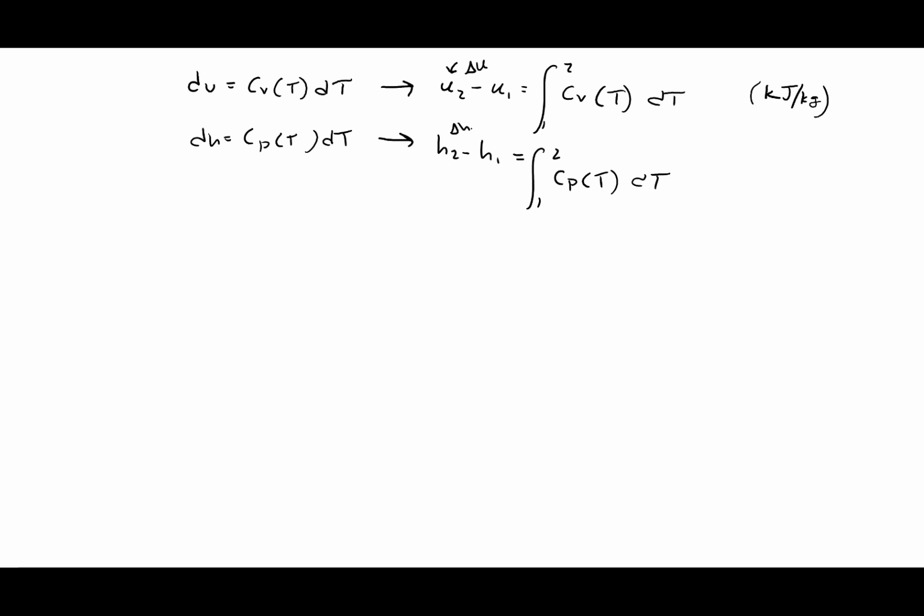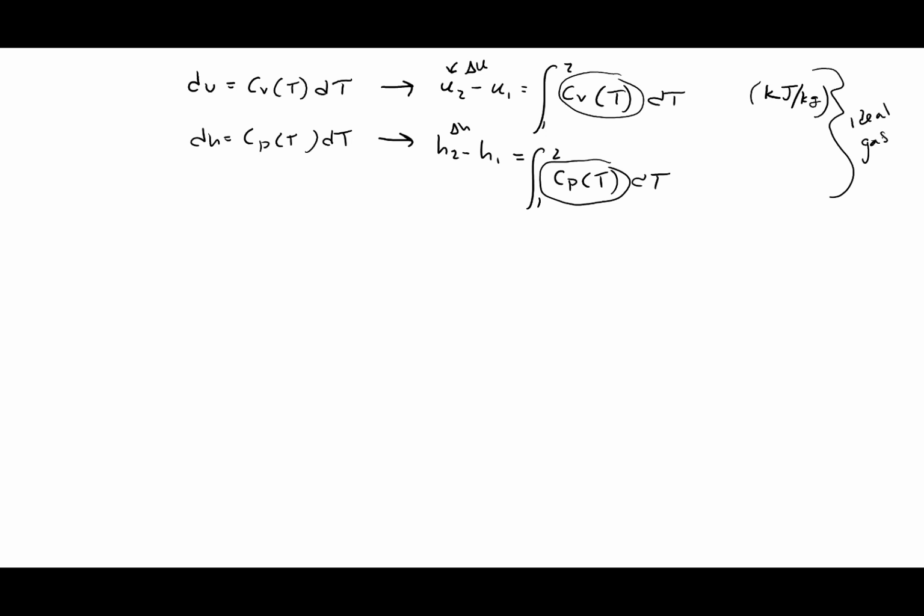This is basically assuming that we don't have a thermodynamic table available that we can just go look these up, so we're going to need to calculate them. In order to integrate these, we need to know what C sub V of T and C sub P of T are. And just to remind you, these only apply if you have an ideal gas.